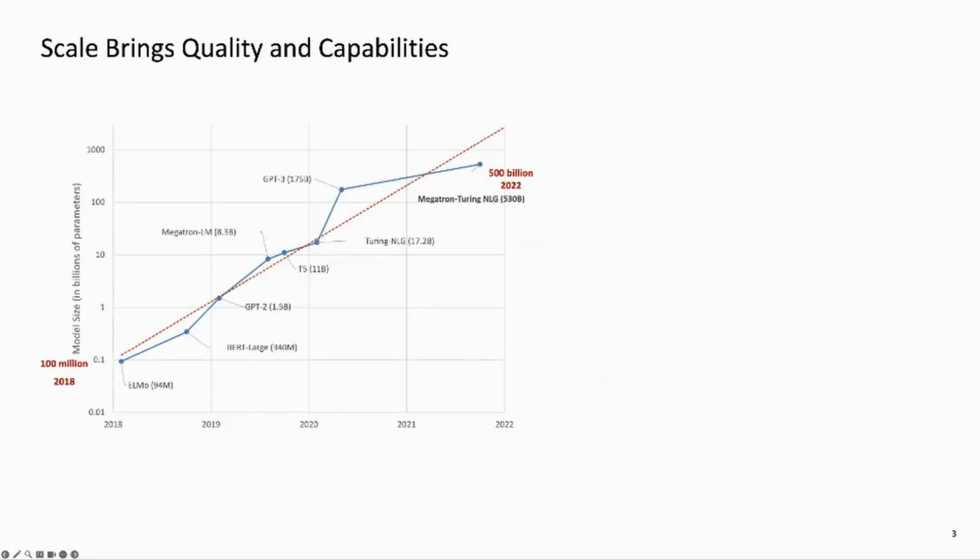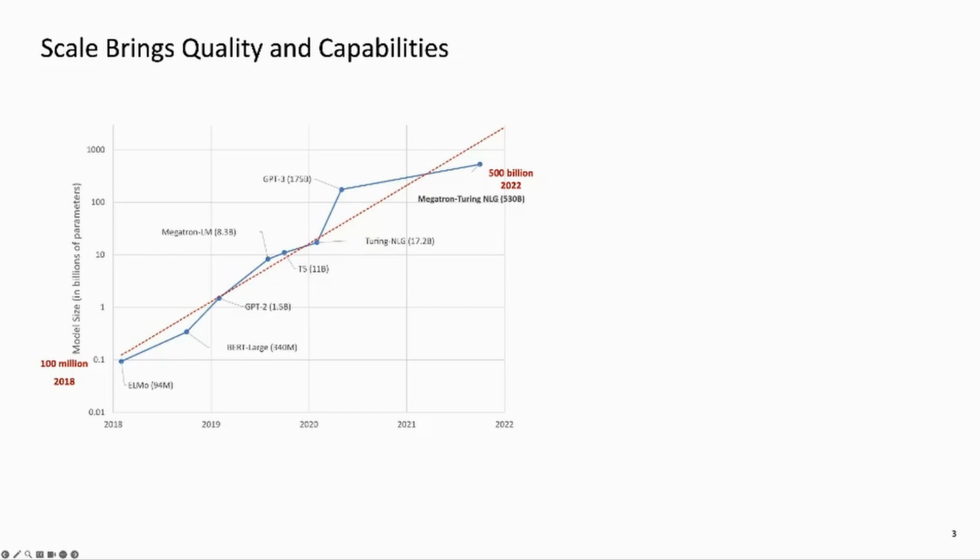We've seen this in the past 4 or 5 years or so, going from BERT large at 340 million parameters back in 2018, and in just 5 years or so, we're getting models at the size of 500 billion parameters with Megatron Turing and PaLM, and GPT-4 is rumored to have, I don't know, trillions of parameters. So we've seen that when you increase in scale, you tend to have better quality on existing benchmarks.